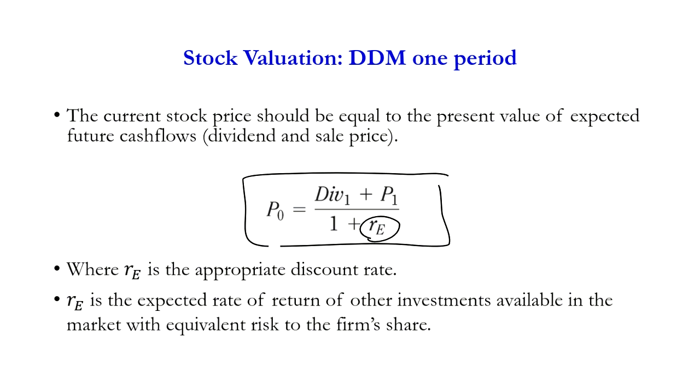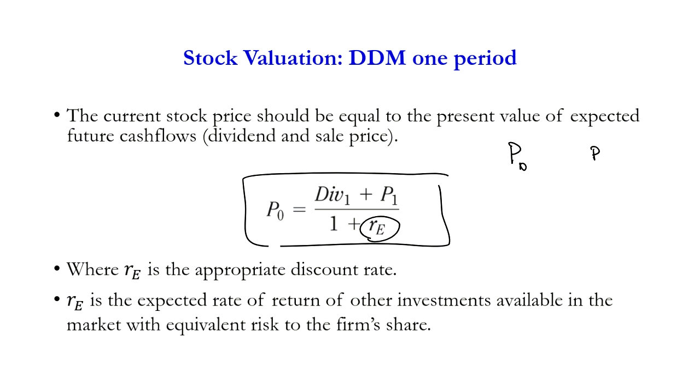If we want to trade based on what we calculate as the stock price today, we need to compare P0 with the price that is currently available on the market, or the observed market price. Let me denote the observed price in the market as small p.